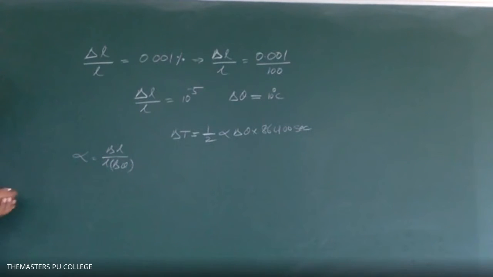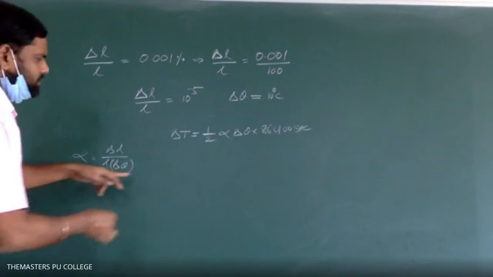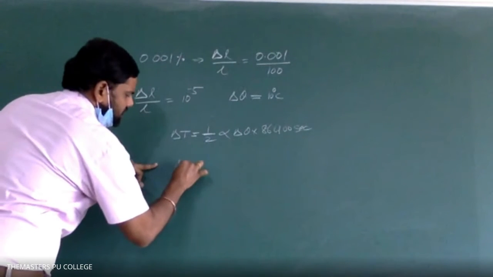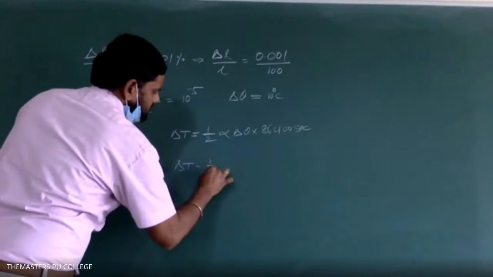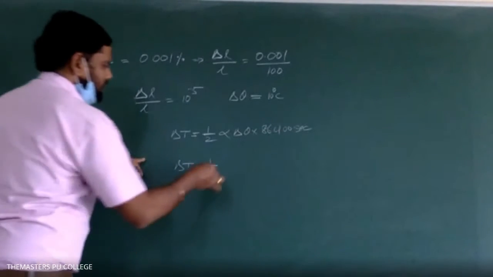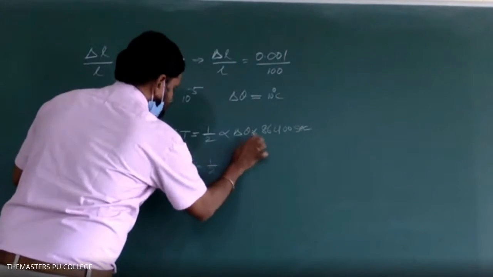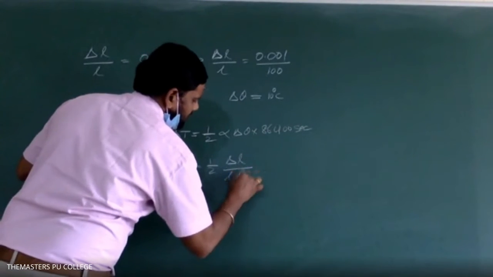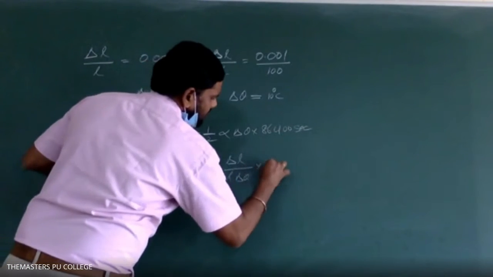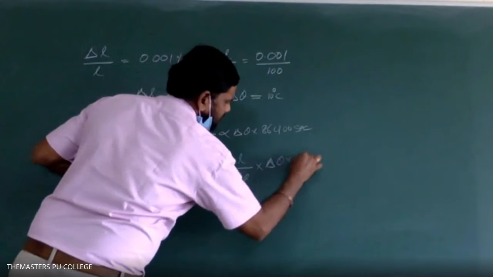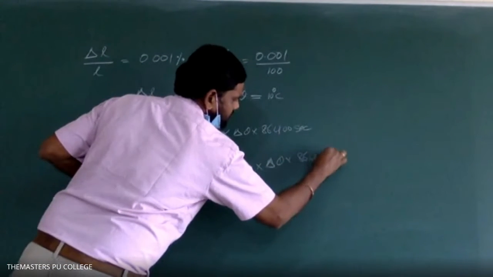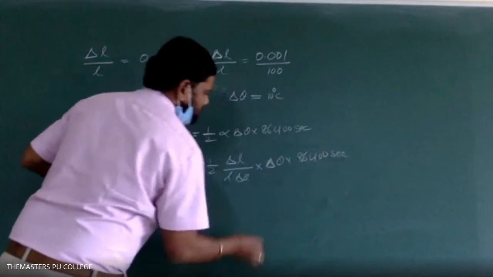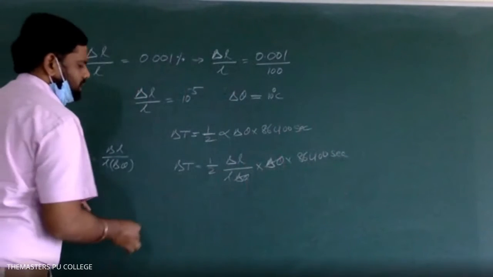Substituting, delta T equals half into delta L by L delta theta into delta theta into 86,400 seconds. The delta theta gets cancelled.